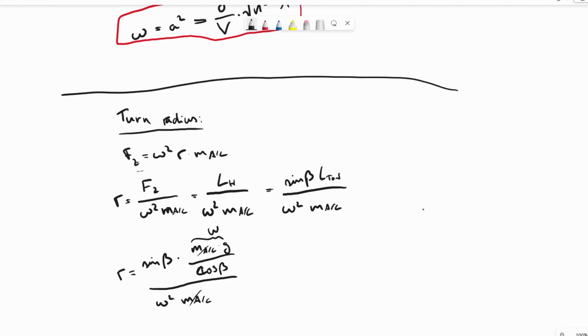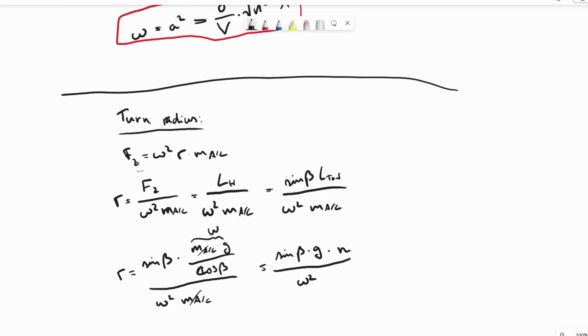So this goes, and we are left with sine beta times g times n, 1 over cosine n, divided by omega squared.